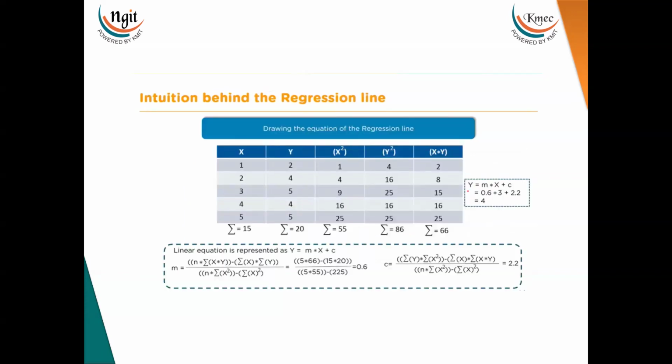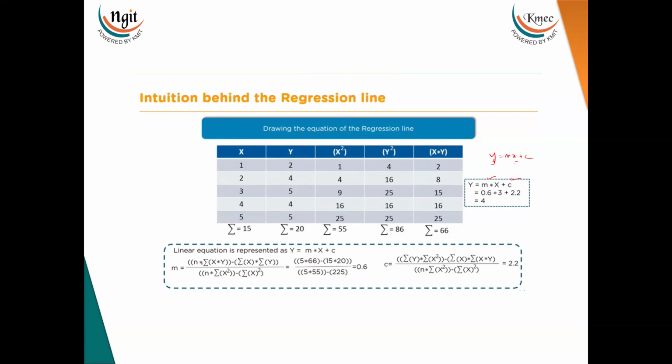Now, we know the slope line equation of this regression line, that is y equal to mx plus c. We know the y values, we know the x values, but we have to find out the m value and c value. So how are we going to find the m value, the slope value?